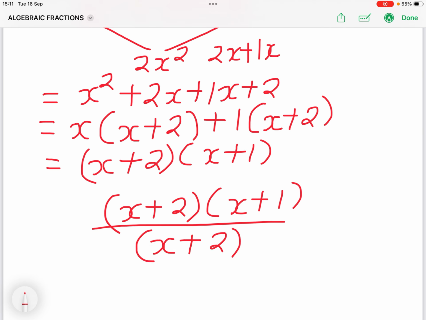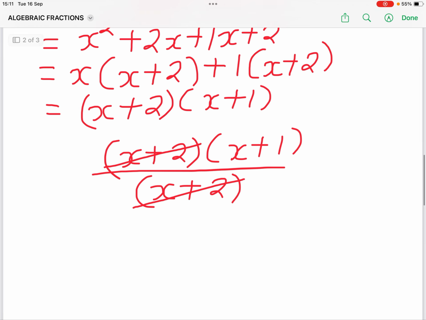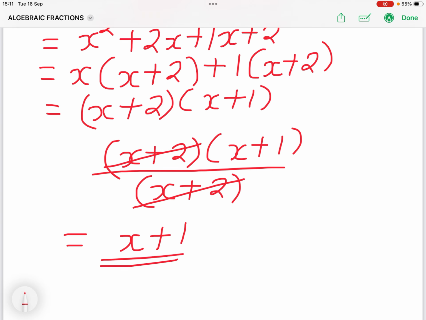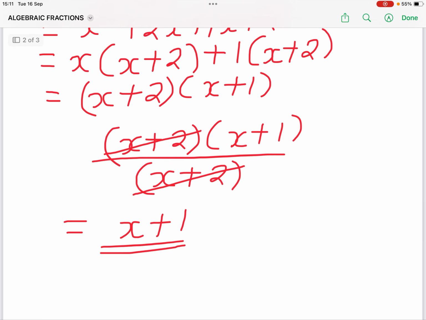So this x plus 2 in the numerator is going to cancel this x plus 2 in the denominator, so that our final answer is going to be x plus 1. So this is how we get all the marks on this question that was in November 2013. Our final answer is x plus 1.